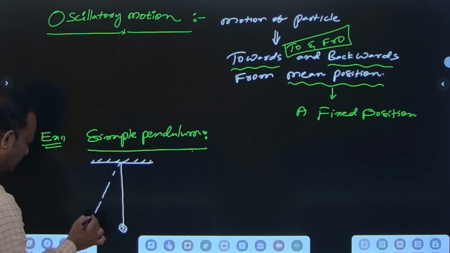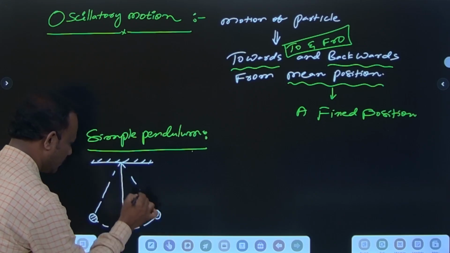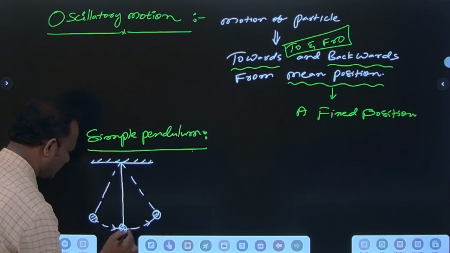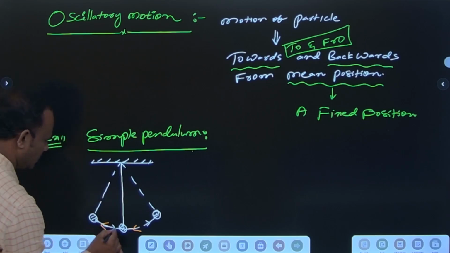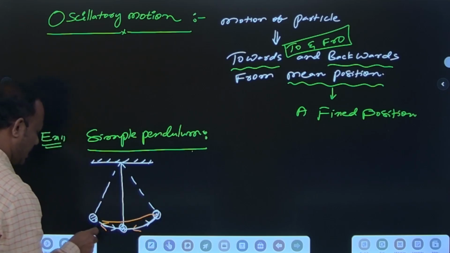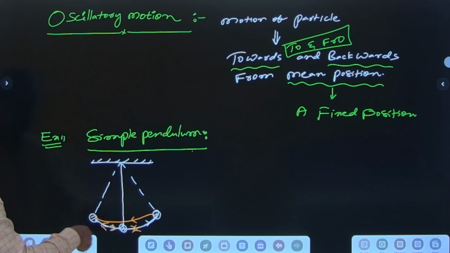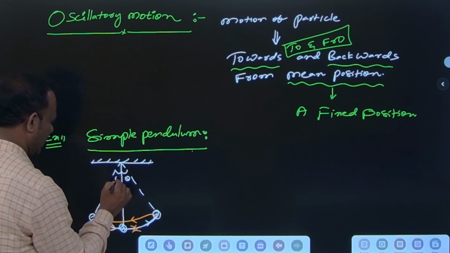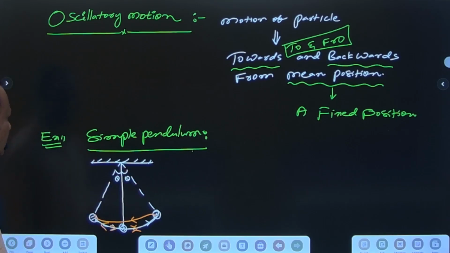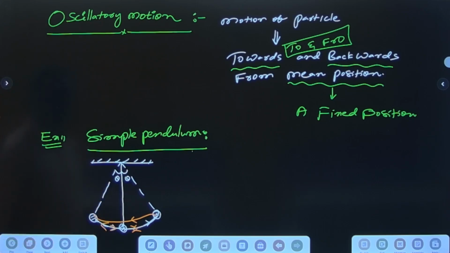I move it from here to here, it moves towards, then comes back, towards and backwards. So this to and fro motion, which makes an angle theta with the vertical, is called the simple pendulum. Later we will discuss the simple pendulum completely.